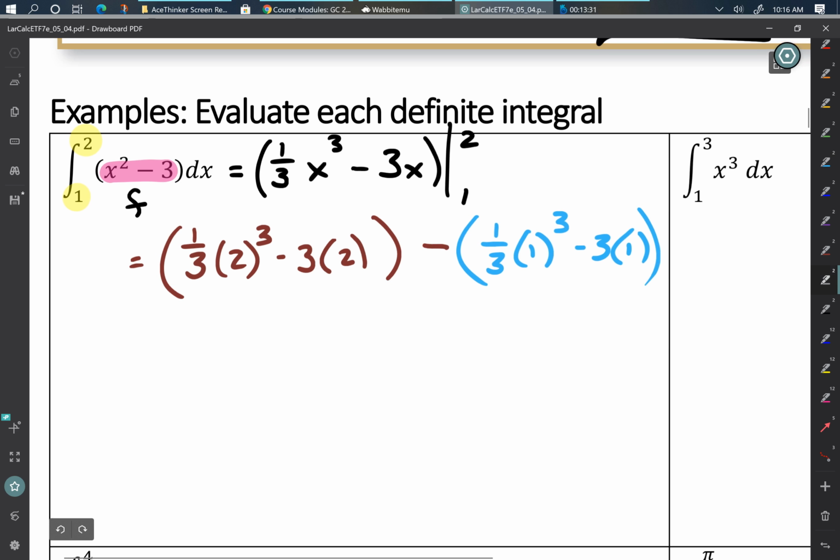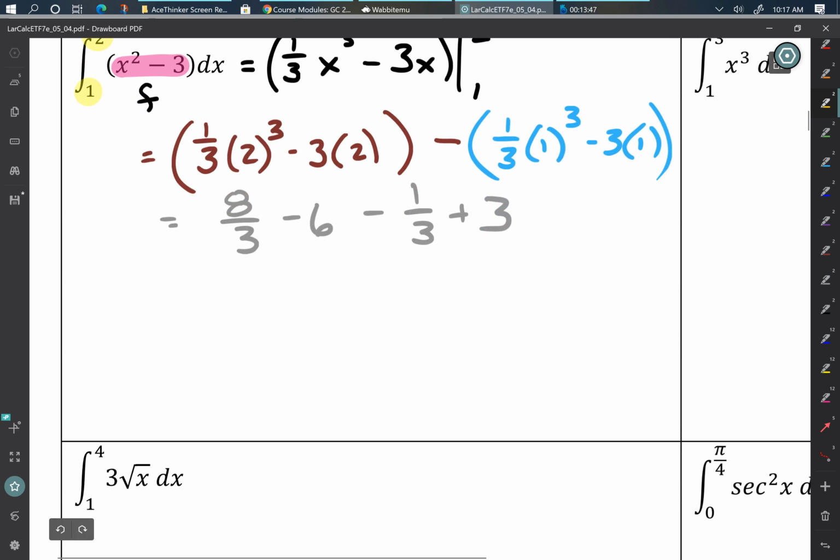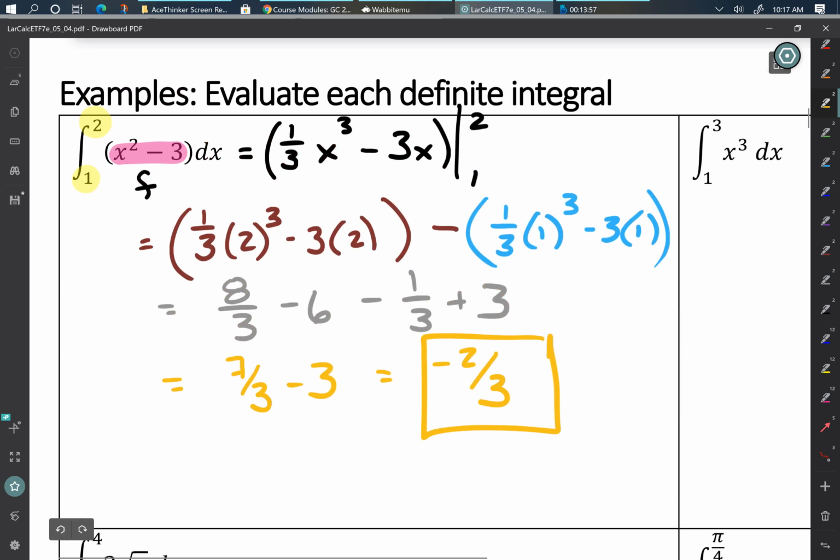Okay, this is going to be 8/3 minus 6 minus 1/3 plus 3. Let's see, I've got 7/3 minus 3, so that's negative 2/3 when it's all said and done. So the value of the definite integral from 1 to 2 of x squared minus 3 is negative 2/3.